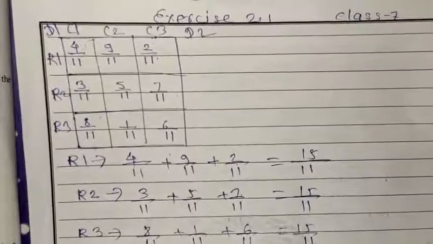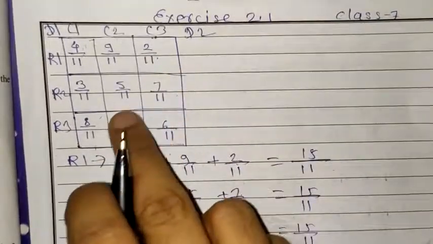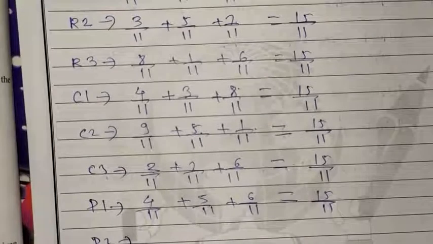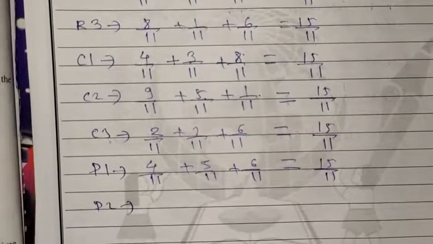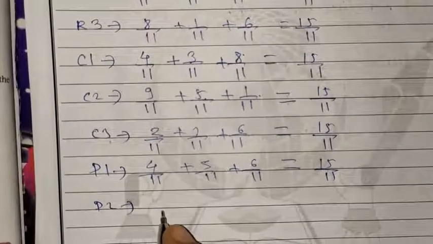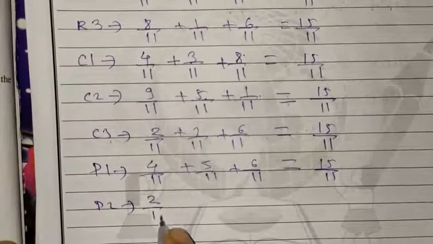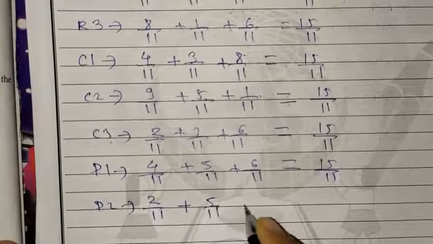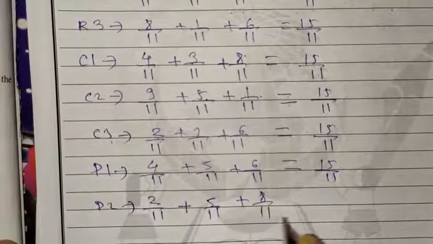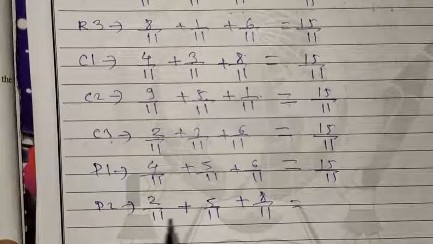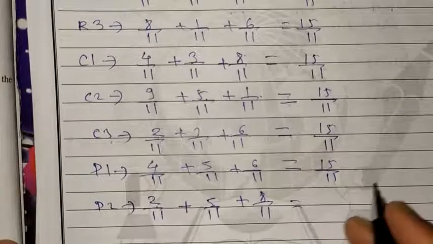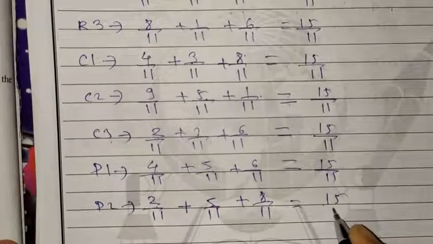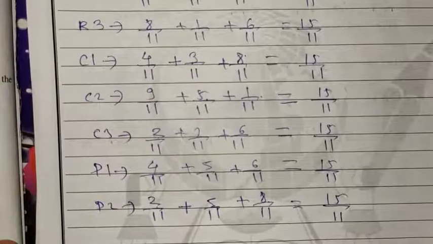The values are 2 upon 11, 5 upon 11 and 8 upon 11. As we are doing addition, you can write in any order: 2 upon 11 plus 5 upon 11 plus 8 upon 11. Here you can check 5 plus 2 is 7, 7 plus 8 is 15, 15 upon 11.